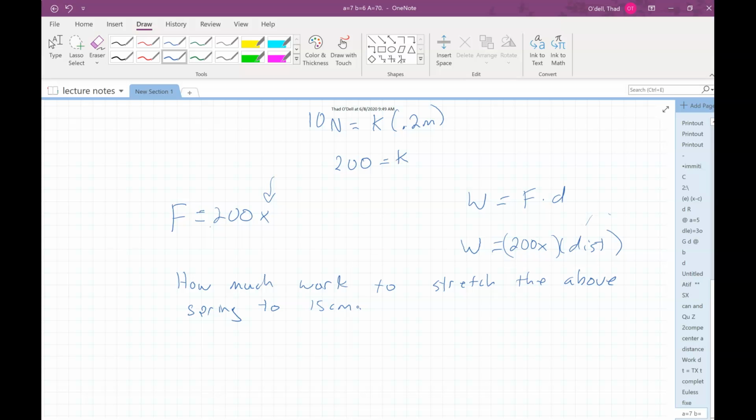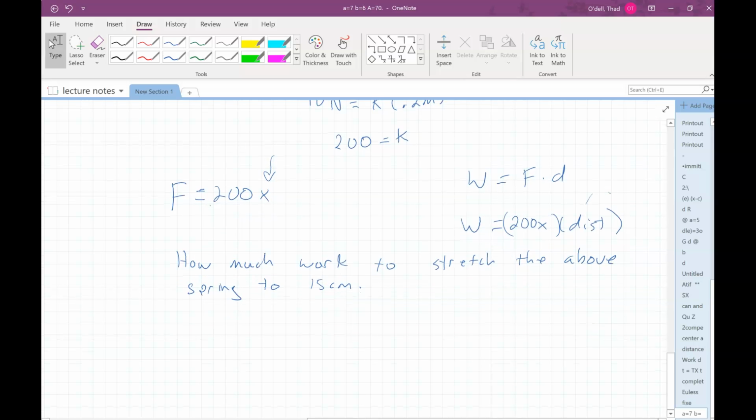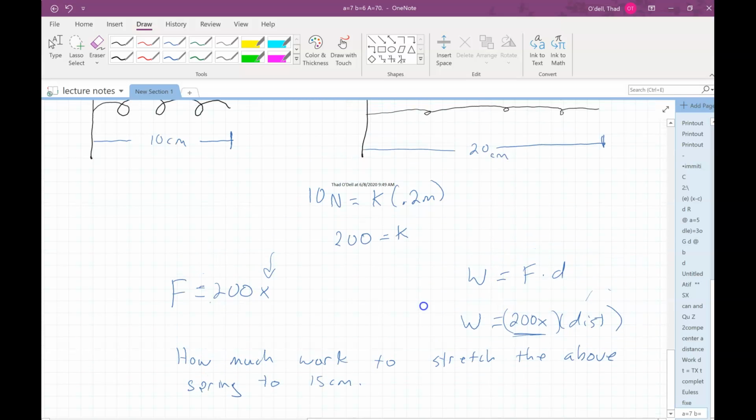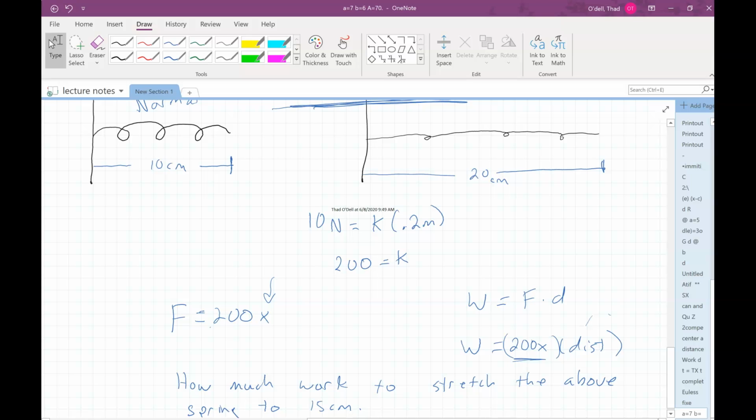Now, why do we need integrals here? Because, as we said, with every little bit of compression, the force changes. The force is changing based on how much we've stretched it, and the distance we stretch it also has to be calculated. If I stretch it all the way out to here, the first bit of stretching has the same force, then the next bit has the same force, and so on.